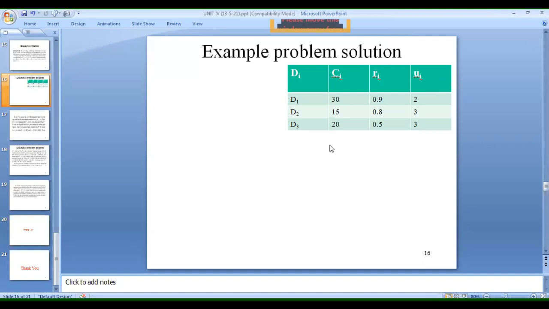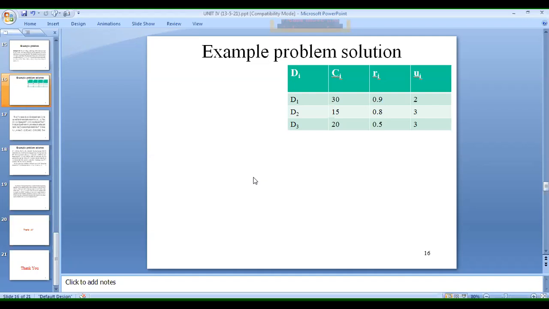That means we have 105 minus 65, so based on that, we find the upper bound values.